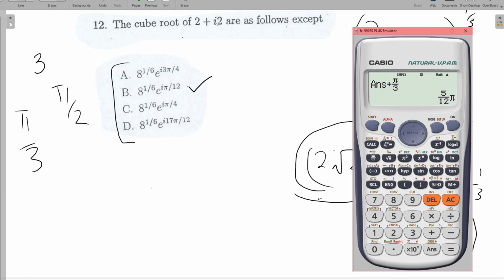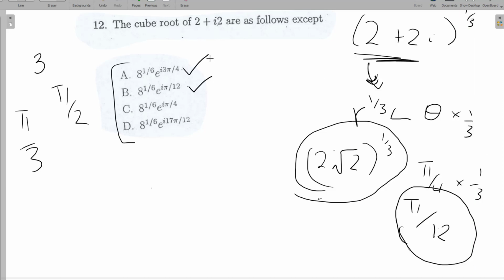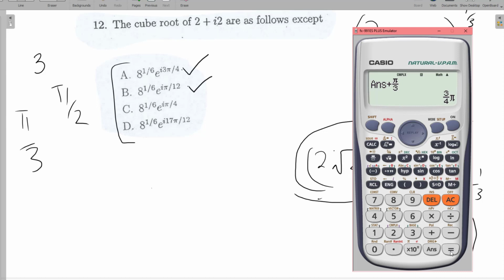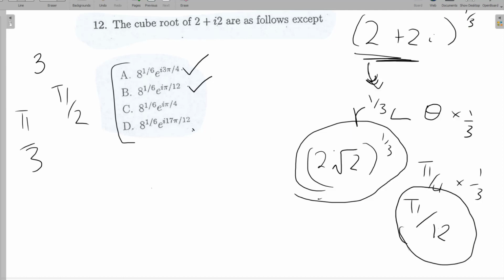Well, we don't have 5 pi on 12 here. So we keep going. When I press answer, it adds pi on 3 to my existing answer. So 3 pi on 4, which is also here. I keep going. 13 pi on 12, not here. 17 pi on 12, this is also here. So at this point we can stop because we know that this is the odd one out.